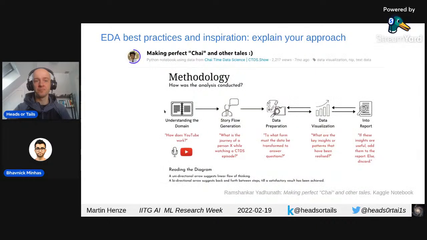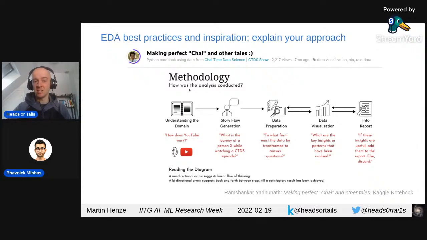And you might even go as far as setting up your methodology as a little flowchart. You see that this includes a lot of what we talked about: data visualization, data preparation, and here this author went to an extraordinary length in order to communicate their methodology.